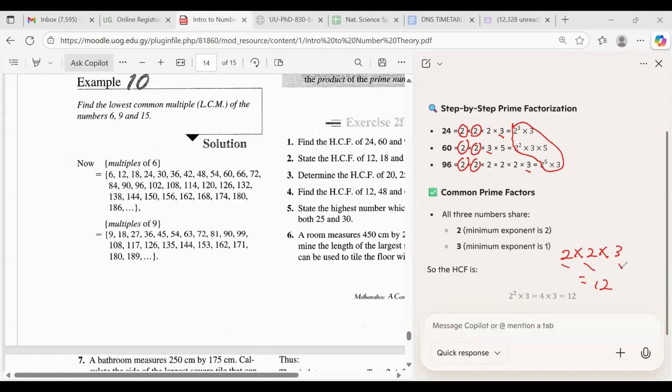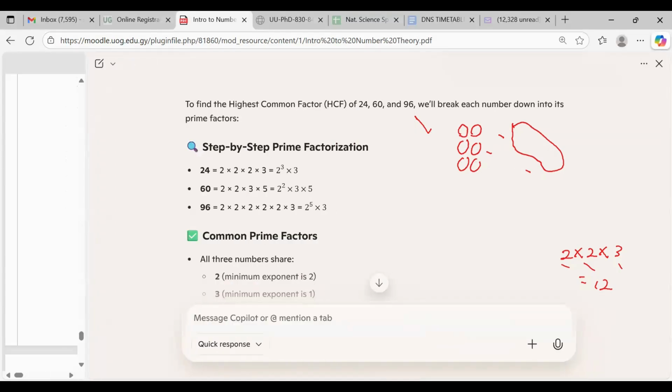I showed you in the example. Look, you factorize the thing with its prime factors. Let me make it bigger. So as I mentioned before, you take the number and you write it in the form of its prime factorization, or a product of its prime factors.